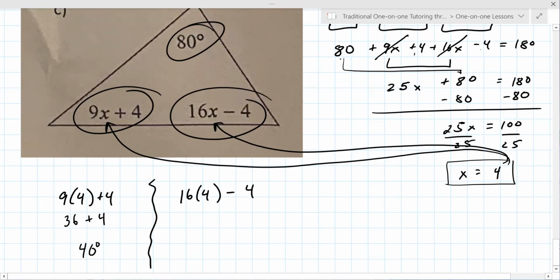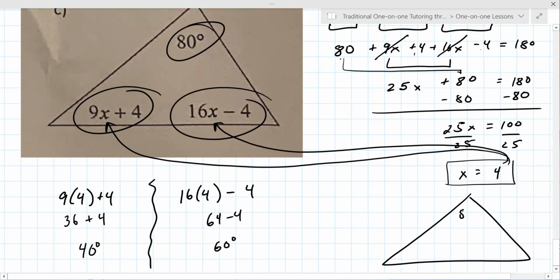And then we've got 16 times 4 minus 4. 16 times 4? Yes, the one over here on the right, because we want both. 64, right? 64 minus 4 is 60. Right, so we had 80 degrees, 40 degrees, 60 degrees. Does it add up to 180? Yeah. 80 plus 40 plus 60 is 180.